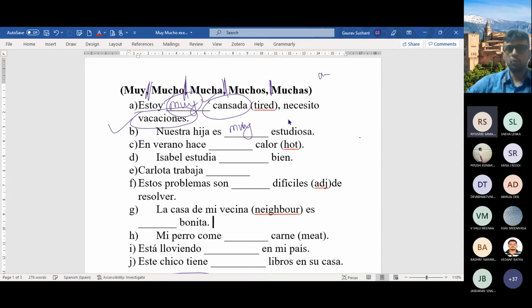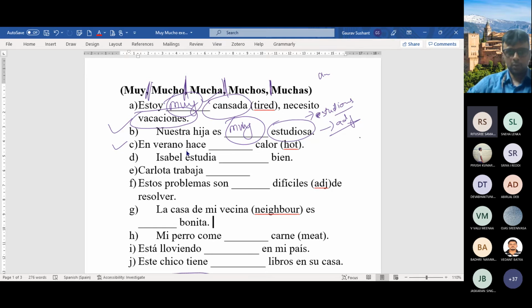Exactly. Estudiosa is studious. This is also an adjective, and there is no fixed parameter of who is considered studious and who is not. So we will use muy.